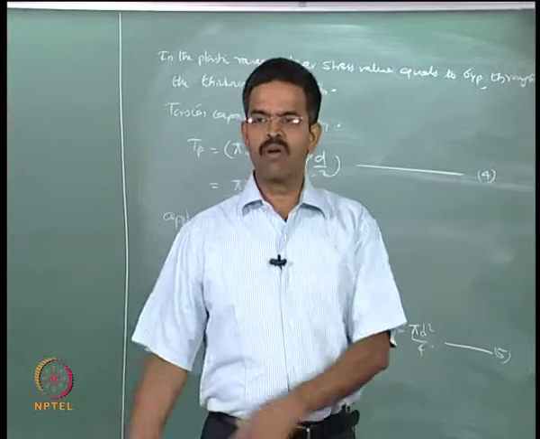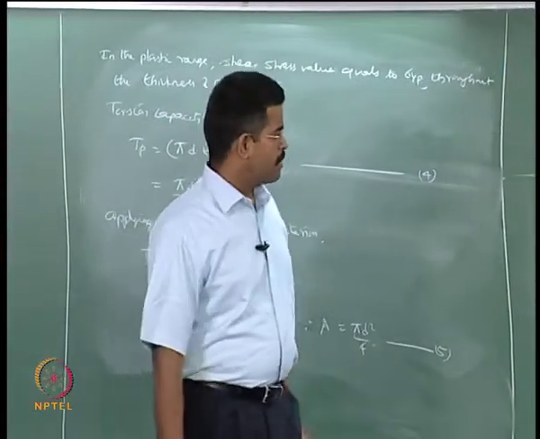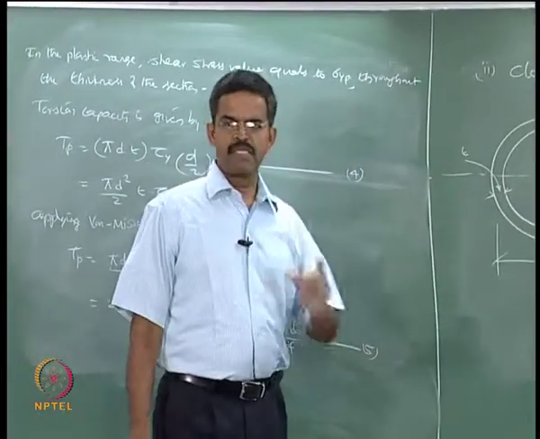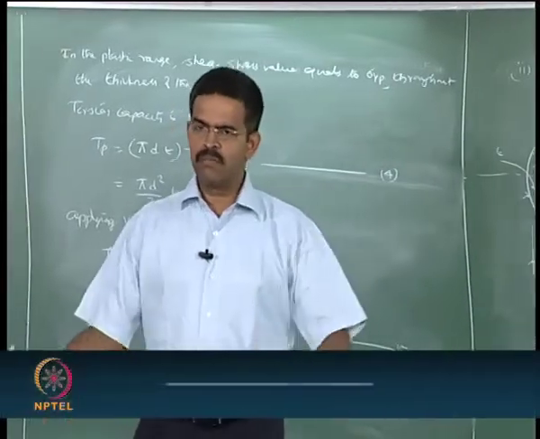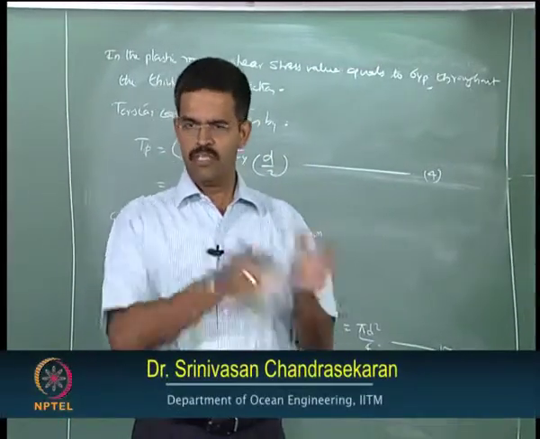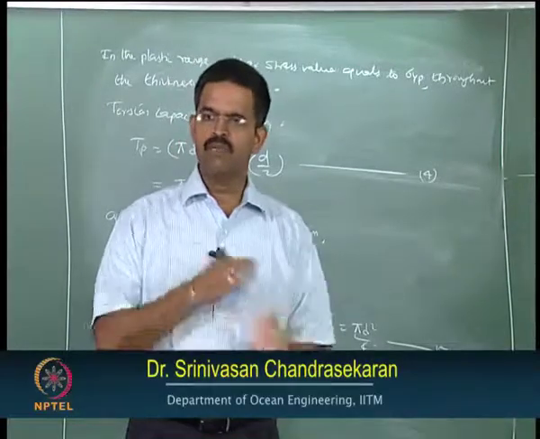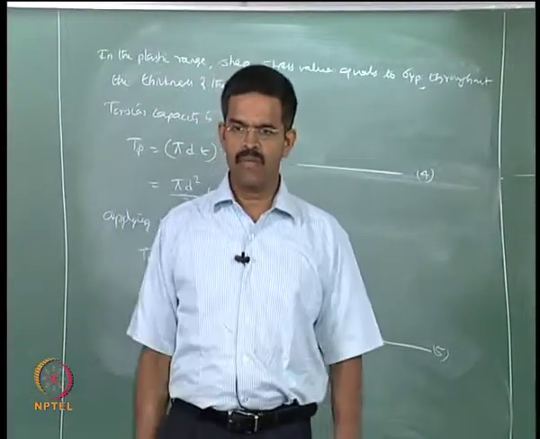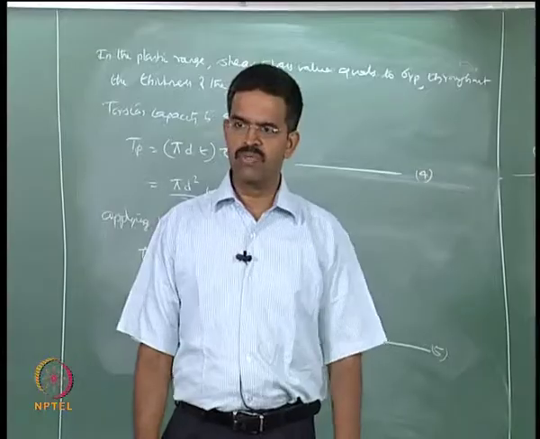In the next lecture we will talk about the plastic moment carrying capacity, the plastic capacity of the sections under the combined action of shear, axial, shear, bending, shear, torsion, etc. Combined effect of these forces in the next lecture.